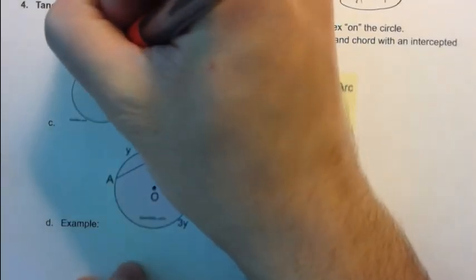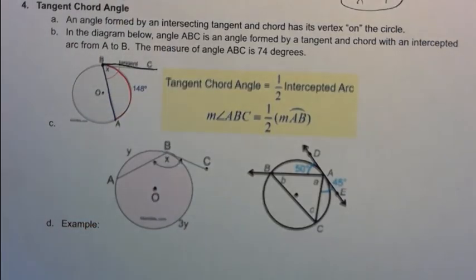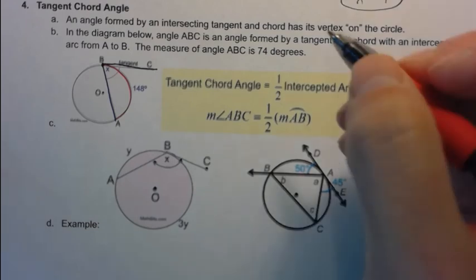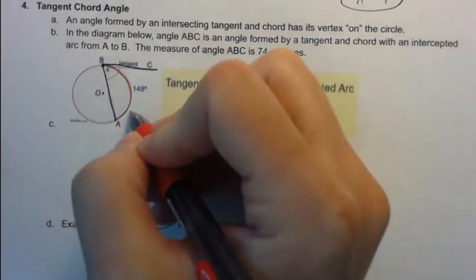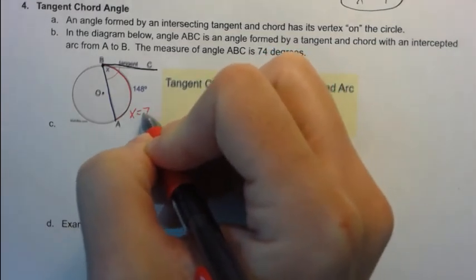The important thing is that the 148 in this picture is that red arc right there. Essentially it works the same as what we know about inscribed angles already, in that the angle itself is just going to be half of that red arc. So in the case of this example, the x would be 74 degrees.